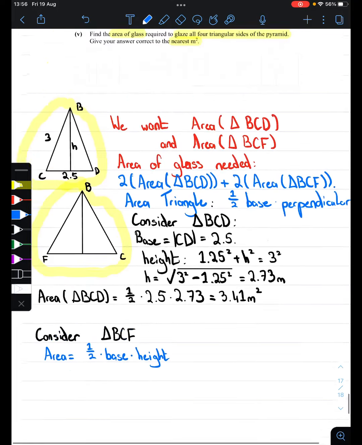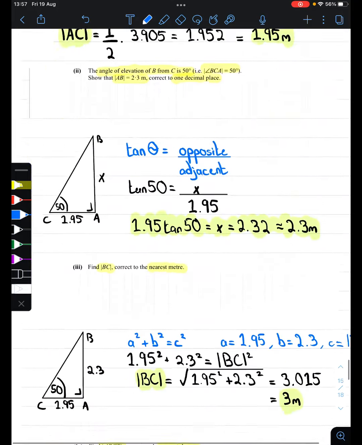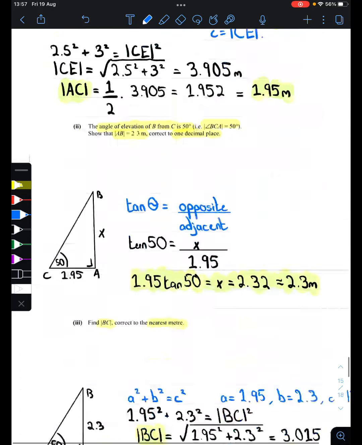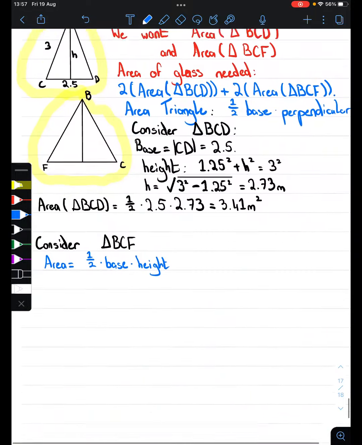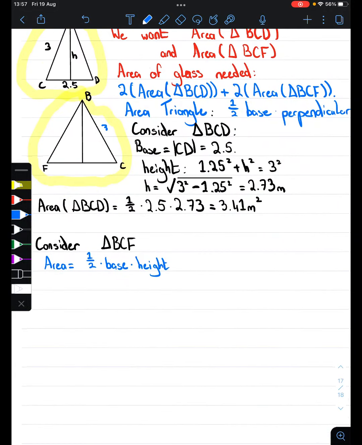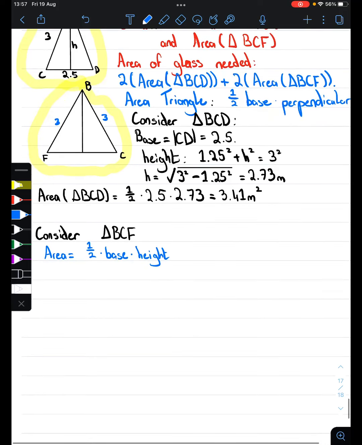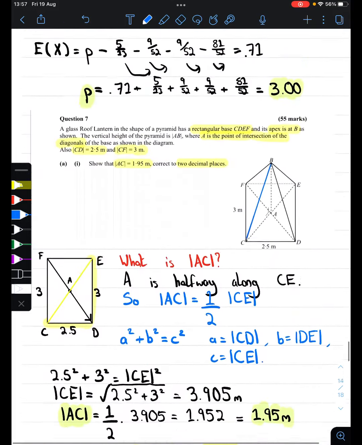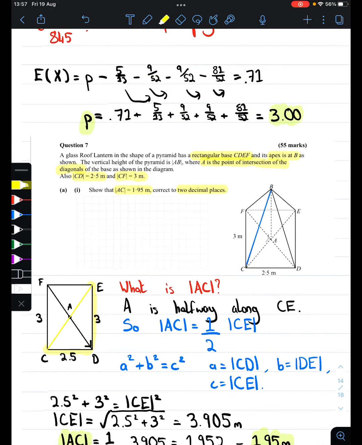And again, we know that this length here, BC, is 3. BC equals 3, and so BF equals 3 because they're the same length. And we know that FC equals 3, or CF equals 3, because that was given to us in the first part of the question here.